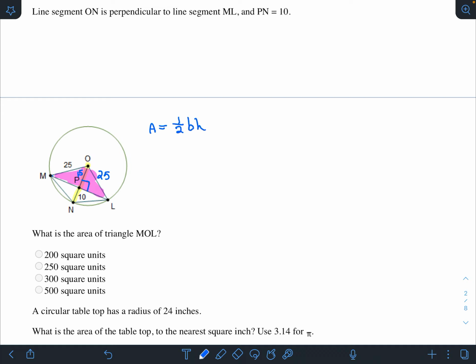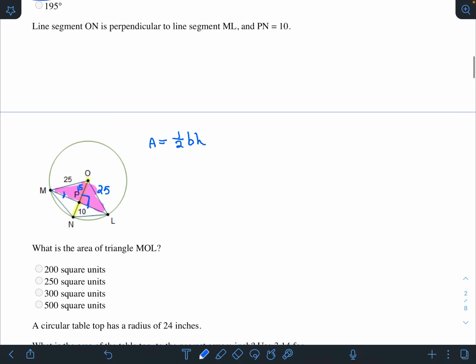So to do that, we see that it is split between two congruent right triangles, so I need to solve for that bottom measure right here. 25 is going to be the hypotenuse, so I know that 25 squared is going to be equal to 15 squared plus PL squared.